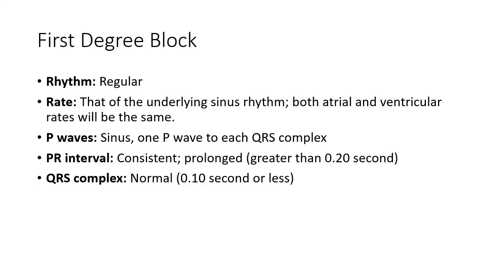But if I give you an EKG strip, you have to tell me the underlying rhythm. For this, if there was an EKG strip, would it be normal sinus rhythm with first degree block? Not necessarily, because the rate is that of the underlying sinus rhythm. Could be sinus tach, could be normal sinus rhythm, could be sinus bradycardia. Okay? Good. Tanner.